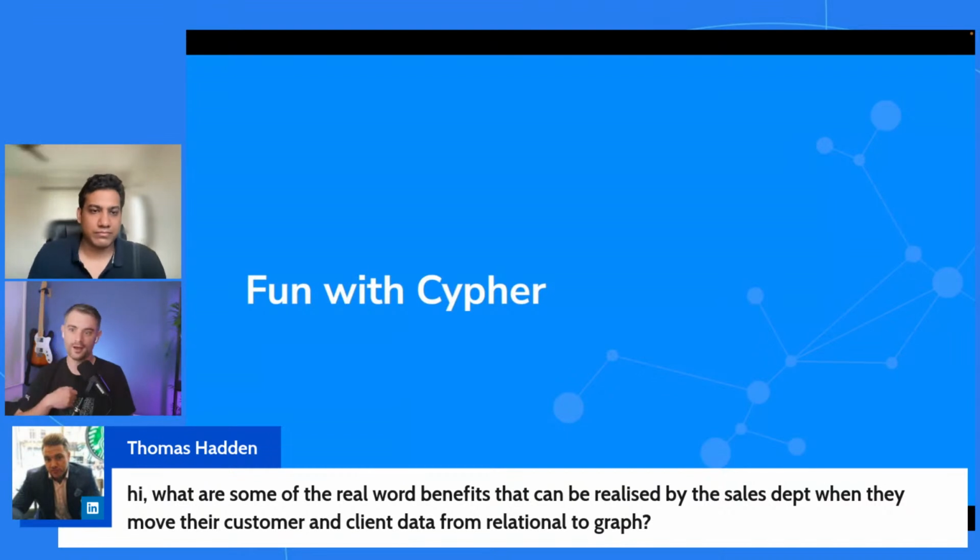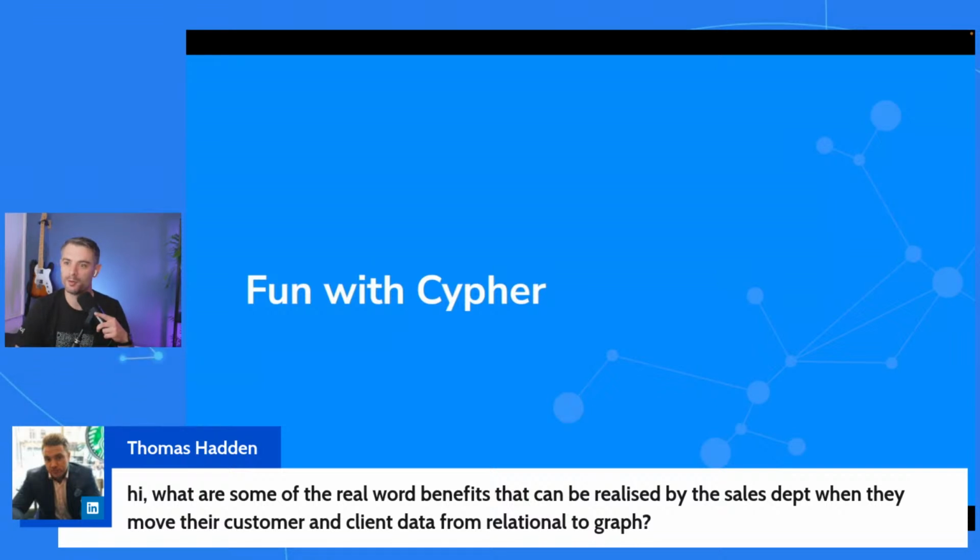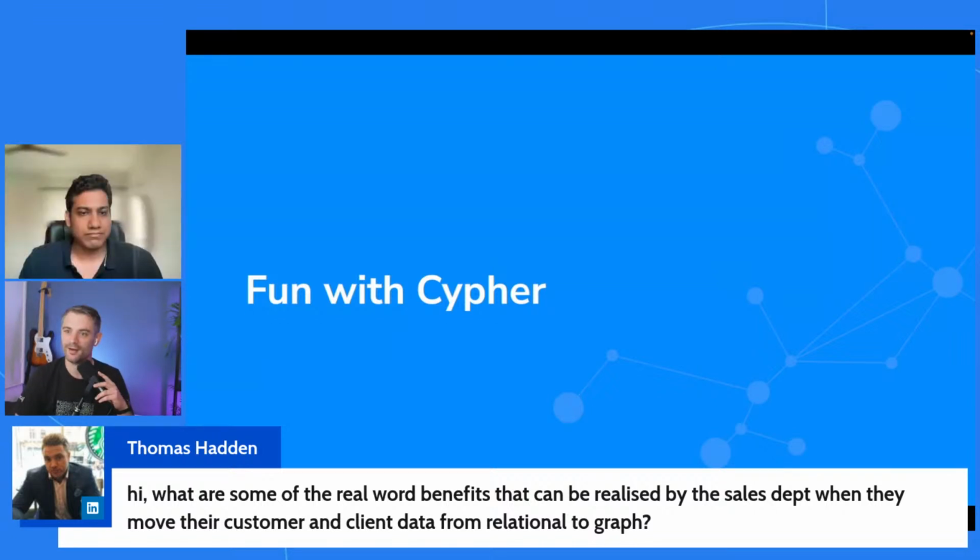Real-world benefits. I think that puts me on the spot a little bit, because I have to put myself in the mind of somebody who works in this domain. But one of the ones I touched on was the recommendations.